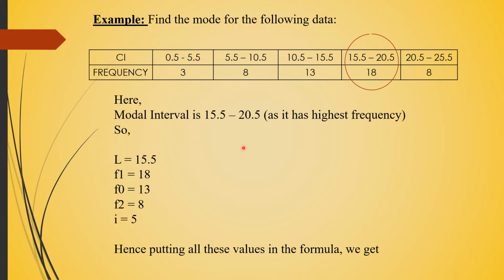F1 is 18, the frequency of the modal class interval. F0 is the frequency preceding the modal class, which is 13. F2 is the frequency succeeding the modal class, which is 8. And I is the length, which is 5.